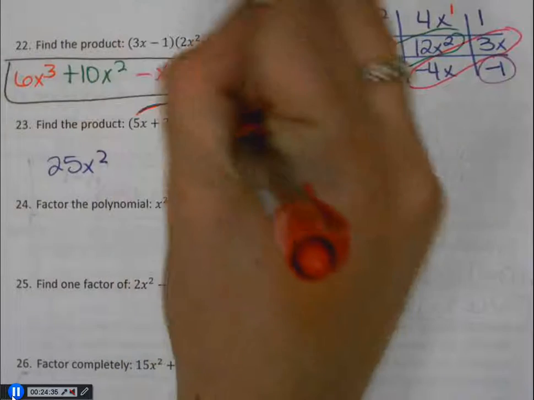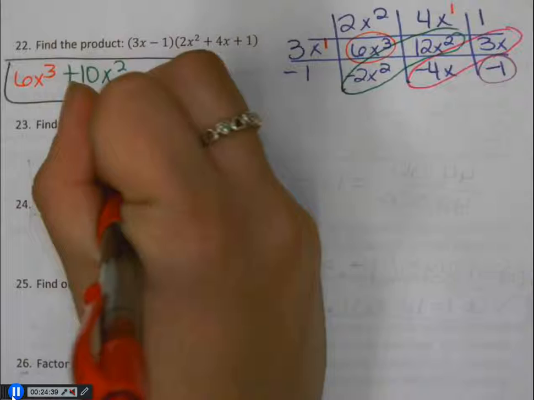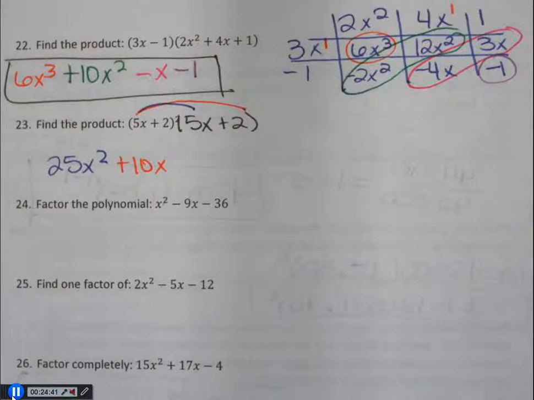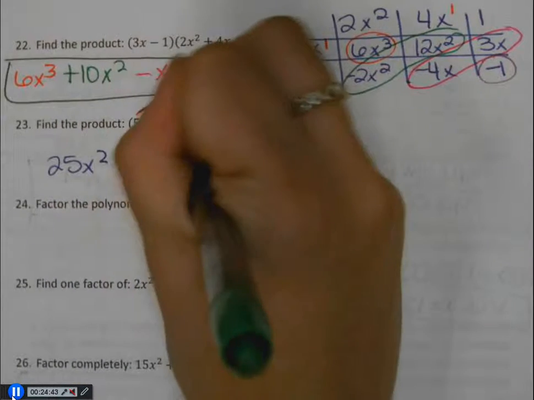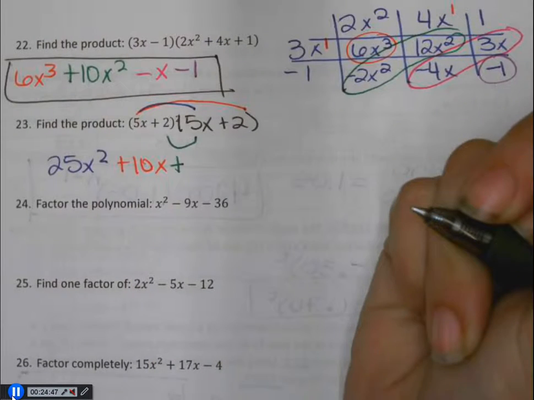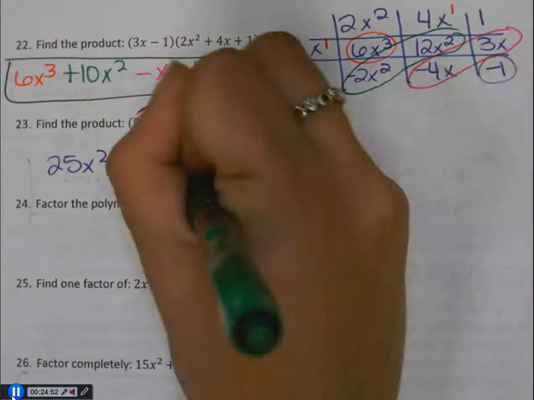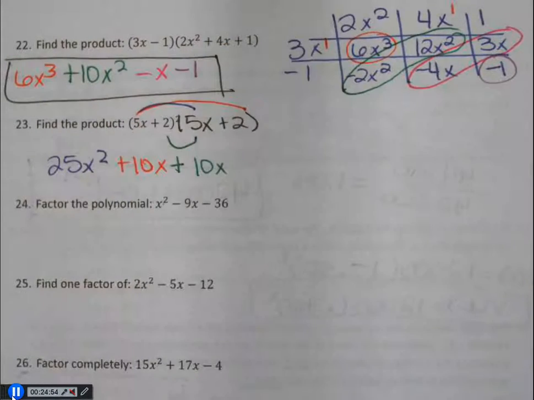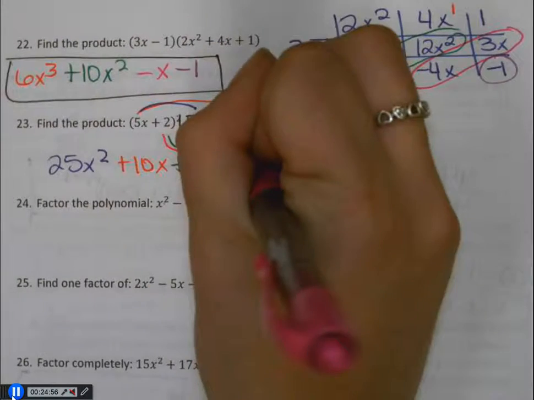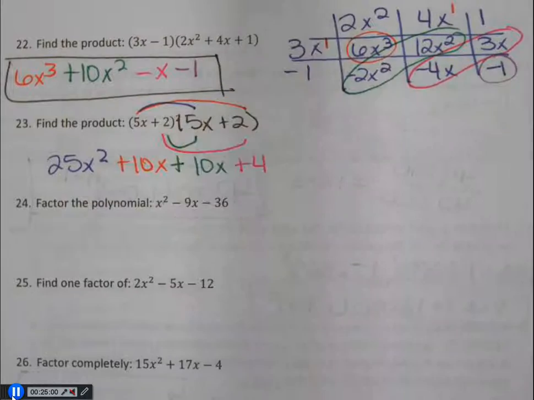Then I have 5x times 2, 10x. Then I have 2 times 5, 10x. And then I have 2 times 2. No x, just 4.